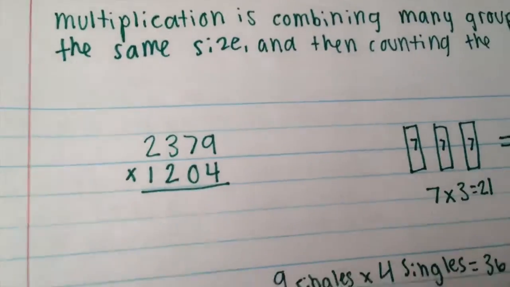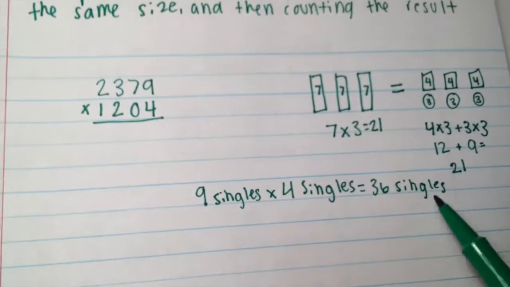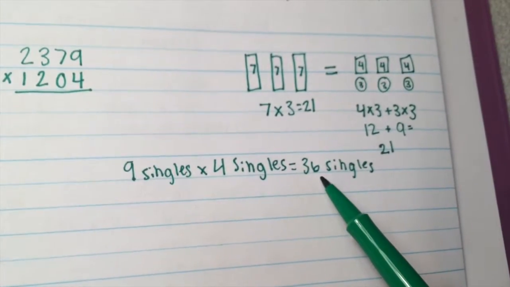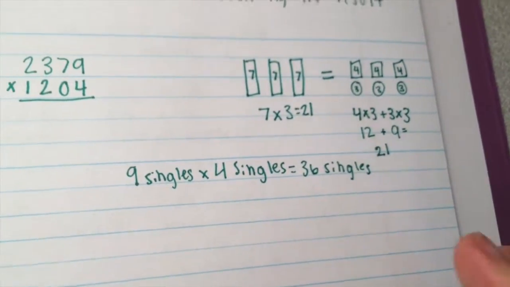But when writing it here, we wouldn't write 36 down because we can't have a 2-digit number. What we can do is regroup these 36 singles into rods and singles.